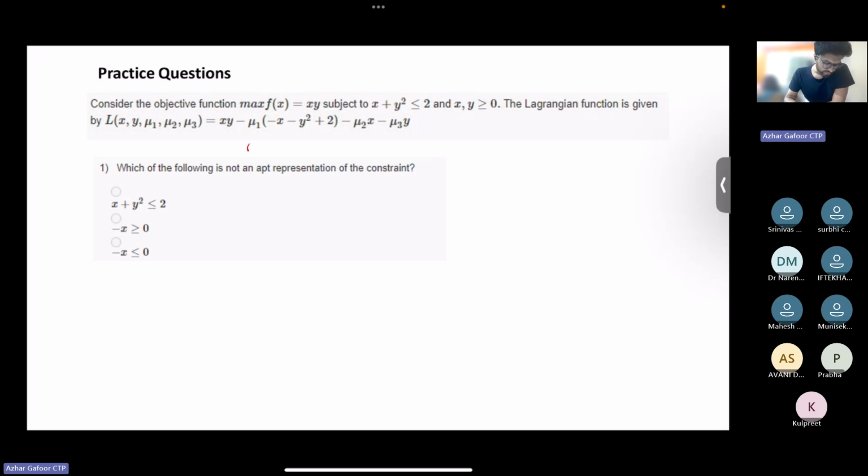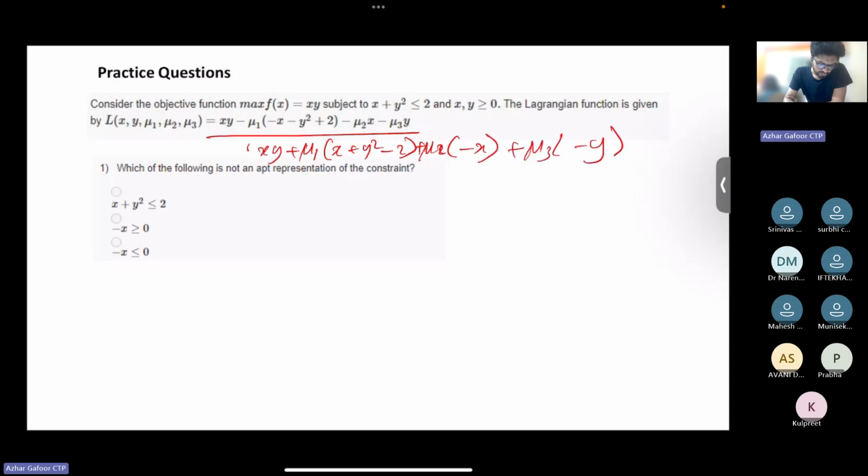Here, you might feel this is not in a standard form. But if you take the negative sign inside, you can see that it will be nothing but (x plus y) squared minus 2. Again, here we have mu2 into minus x and mu3 into minus y. So this is one of the constraints.